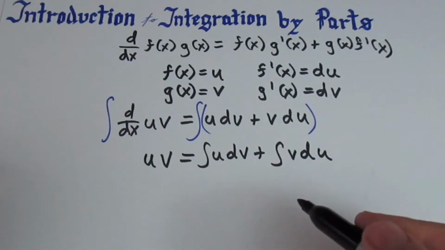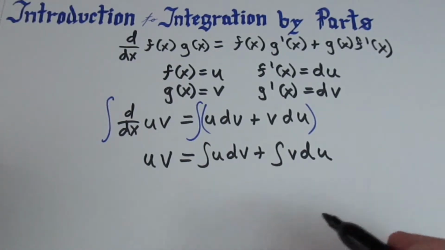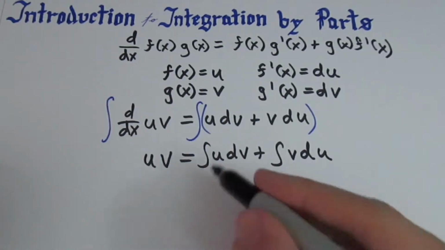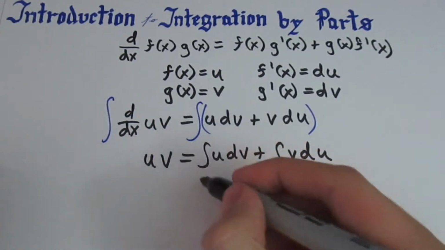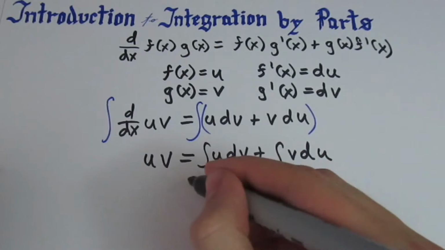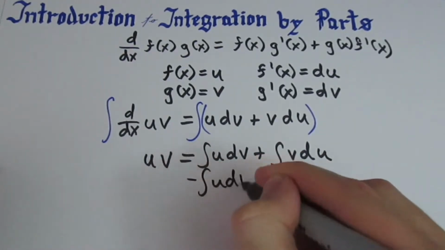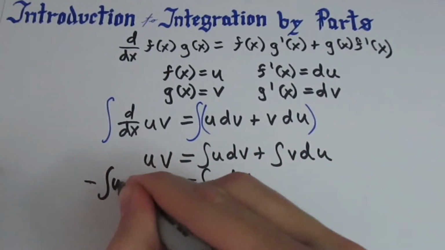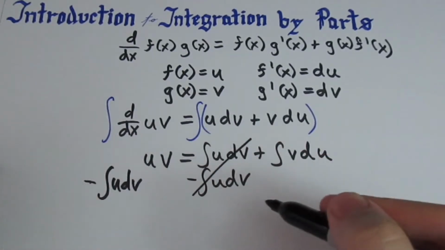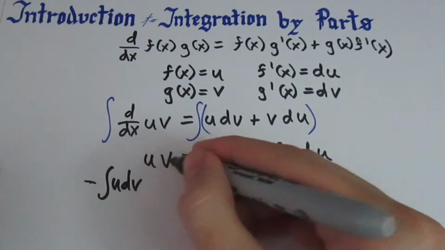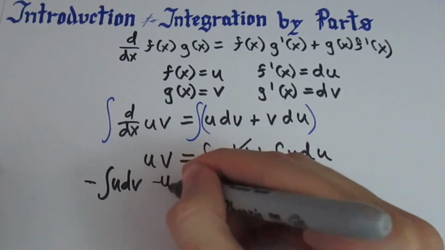And then let's rearrange. I'm going to subtract the integral of u dv from both sides, and then that cancels. Then I'm going to subtract uv from both sides.